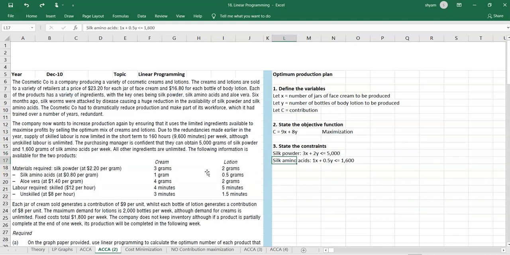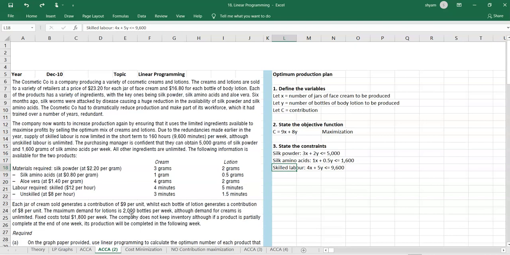The next one is going to be labor required. So it is going to be 4x plus 5y, okay, less or equal to 9600 minutes. So we are taking all those 3 in minutes only. So we got that also. We have one more constraint factor, which is the maximum number of units. So lotion is y.